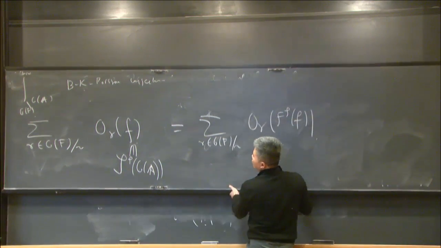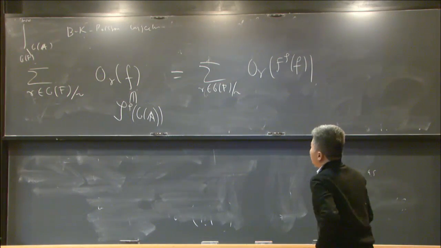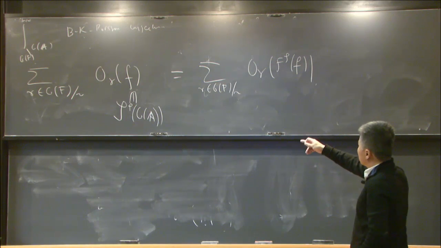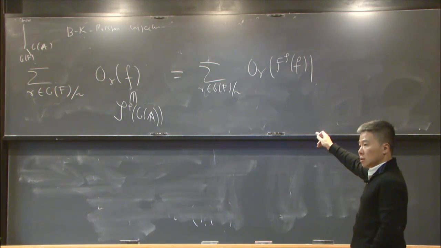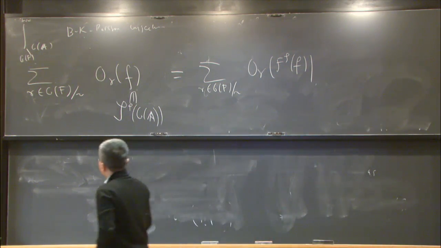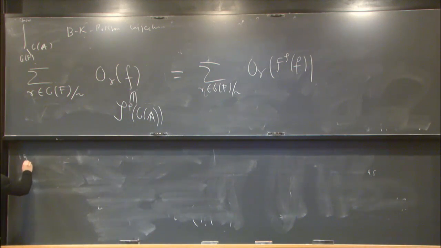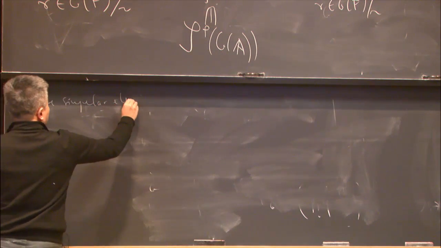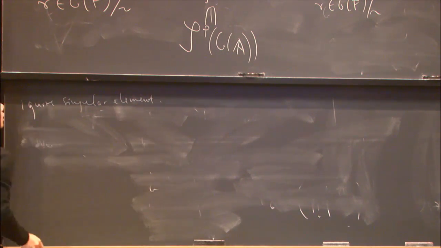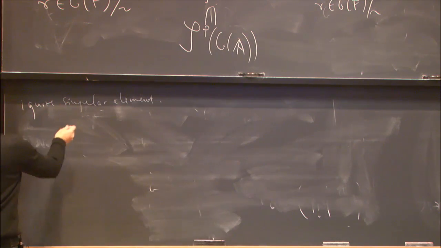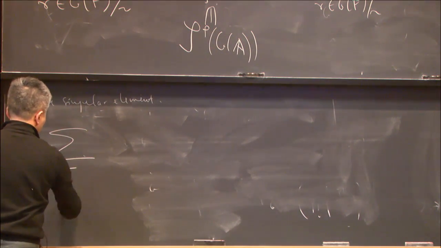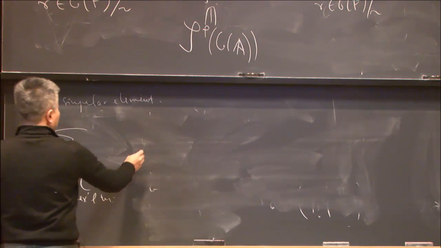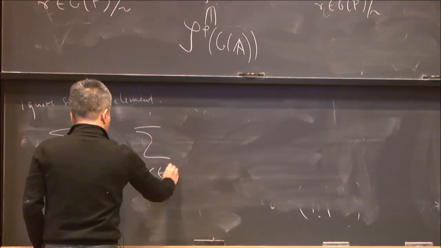How can you go about this? The first naive idea: why don't you just put this thing into tori. Let's ignore singular elements and put the thing into a sum of maximal tori, and then maybe the sum over gamma in T(F) of the orbital integral of f.